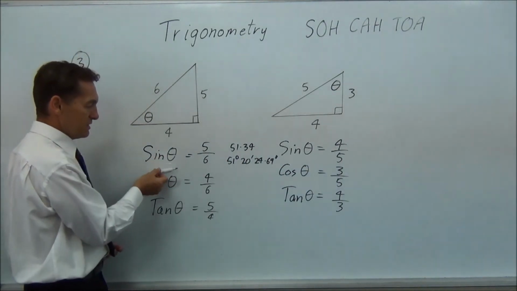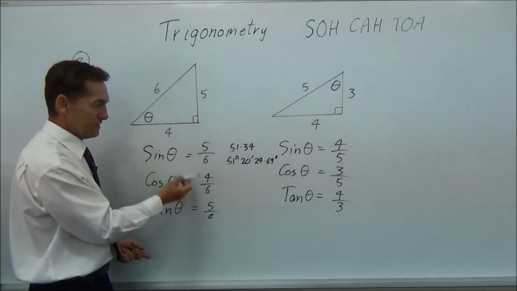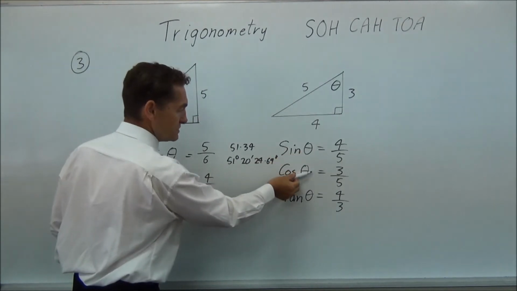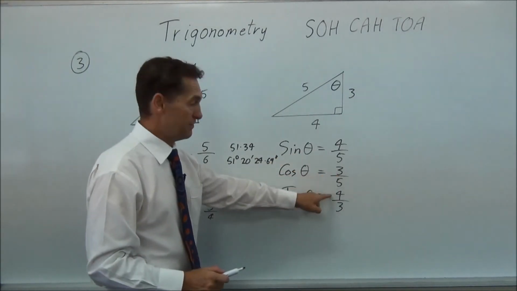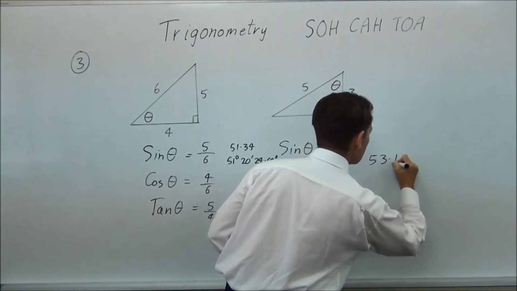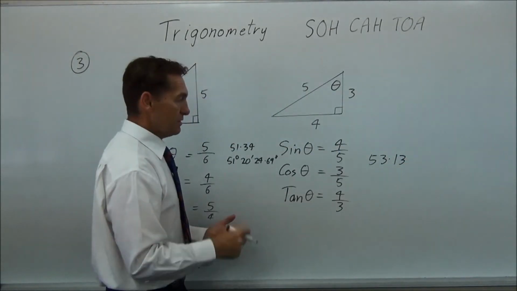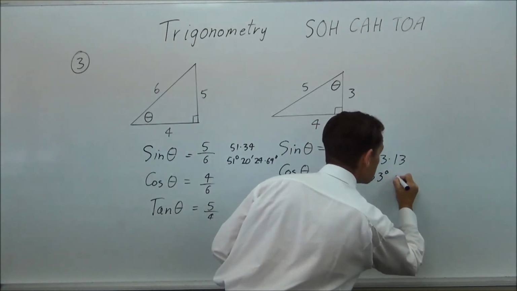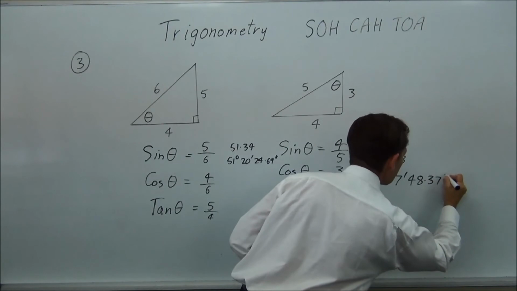So if you press it for any of these, you will get that answer, because you're looking at the same angle from a different perspective. It doesn't matter which one of these you press on your calculator. So if you press Shift Cos 3/5, you'll get 53.13. Then you press the degrees, minutes, seconds button and you get 53 degrees, 7 minutes and 48.37 seconds.